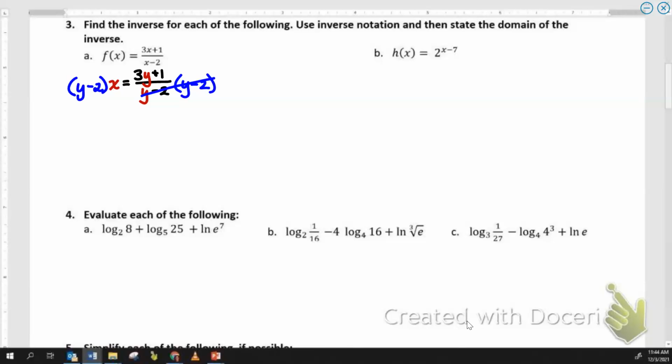When I condense this into a single logarithmic expression, we have the same base on all of our logs. I'm going to use my powers property here.